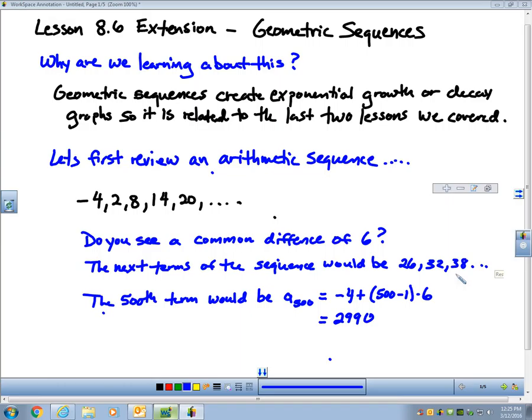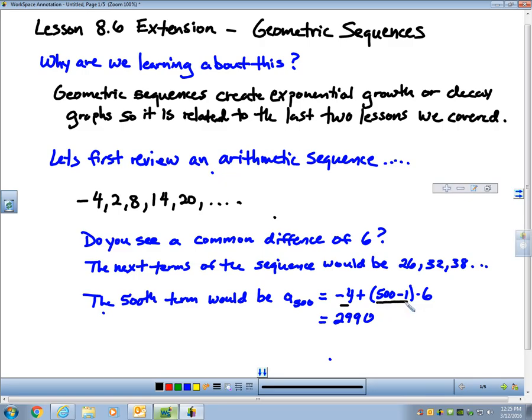Next, if I was asked to find the 500th term of the sequence, it would be kind of crazy to add 6 every time over 500 trials, so we learned how to write a rule for it. The 500th term of the sequence would be taking the first term, which was negative 4. You can see I put that here. Since we already have the first term covered, there are 499 more terms I have to know.